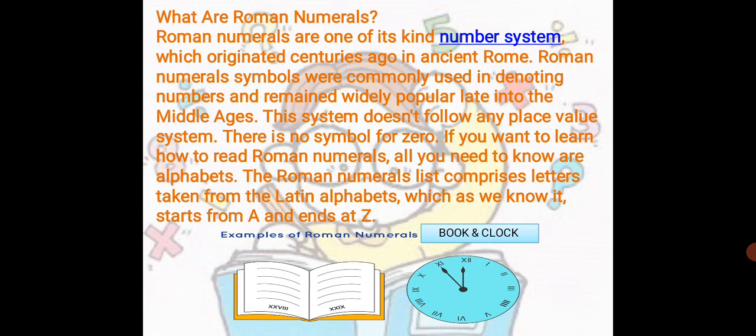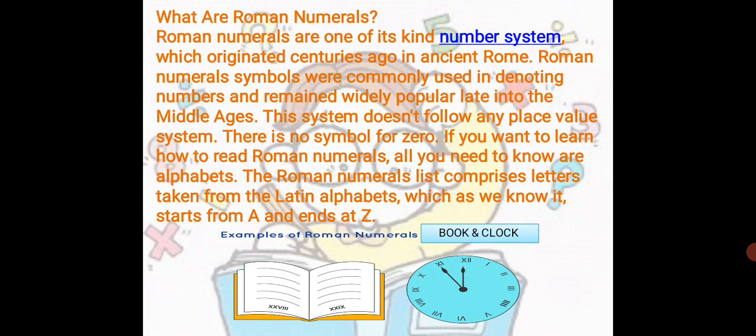This system does not follow any place value system. So another point we must remember is that in the Roman number system there is no place value.